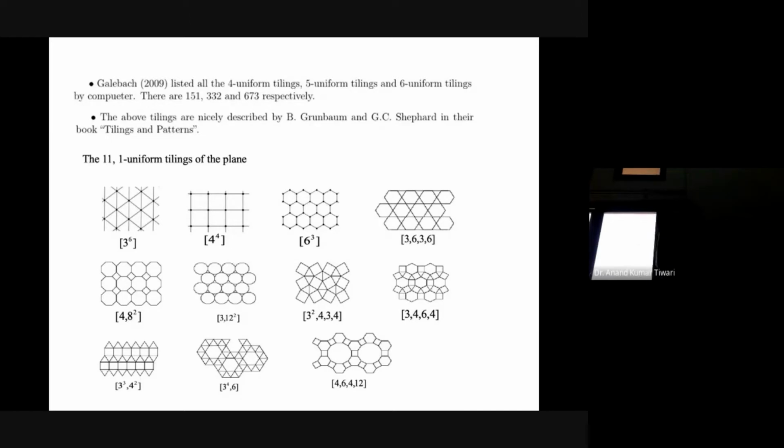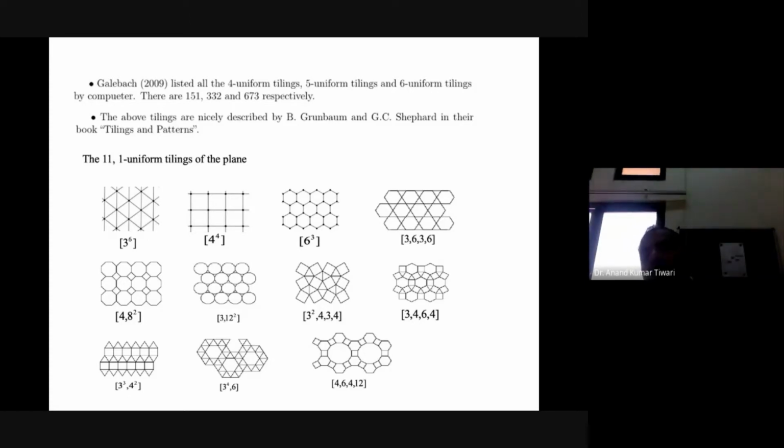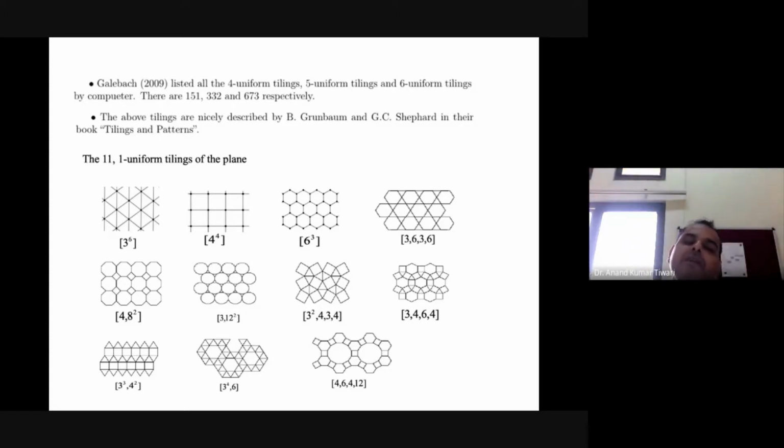However, if one can make a program which can compute the later cases, then probably we may get further information. But so far, K-uniform tilings are known for K from 1 to 6, and almost all the information about these is nicely described by Grünbaum and Shephard in their book Tilings and Patterns.